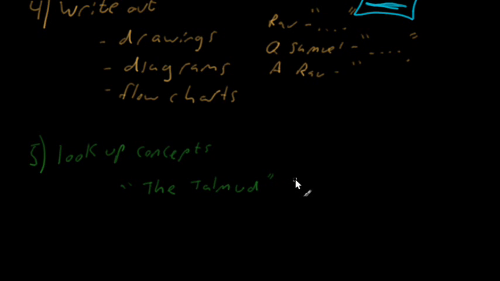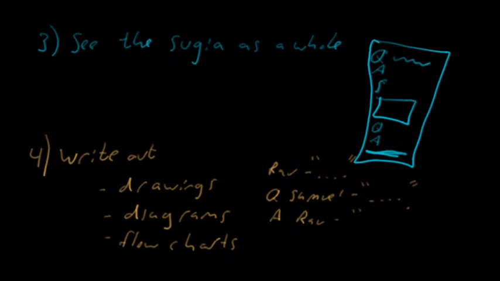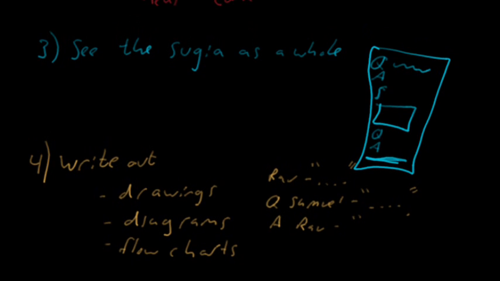You might need a further explanation. So looking up concepts and understanding concepts discussed will make all the other parts of the Gemara that you've already figured out about this sugya make more sense.